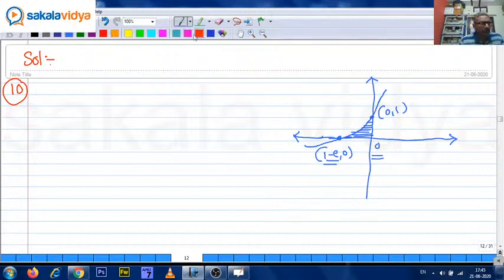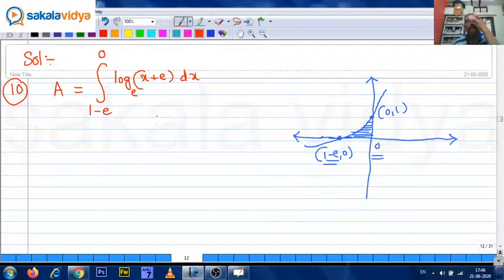That means your solution will be like this. Required area is equal to the integral from 1 minus e to 0 of y dx, that is log of x plus e to the base e dx.